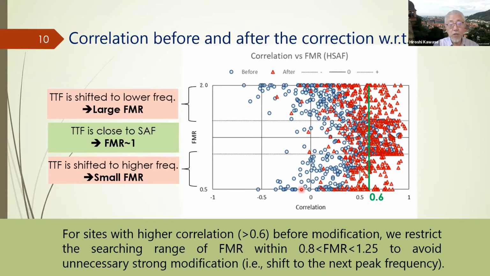Because if we shift largely, then we are going to match the next peak frequency, even though the matching is more or less okay. So here are the sites with limited searching range, and these are the sites with lower correlations that get higher values.